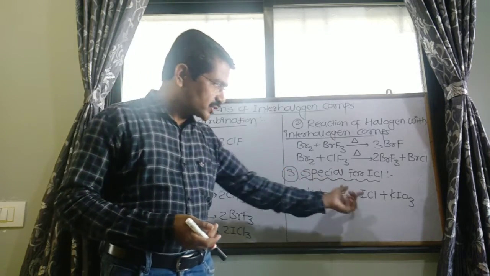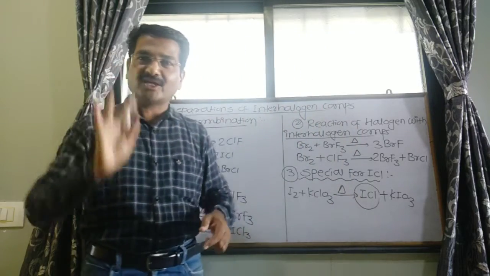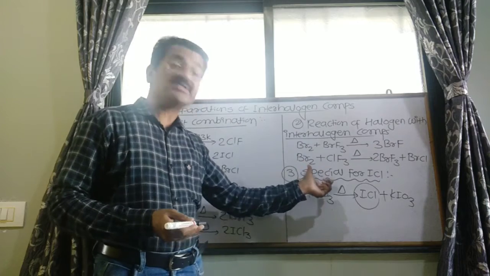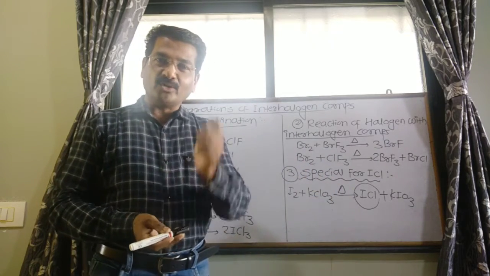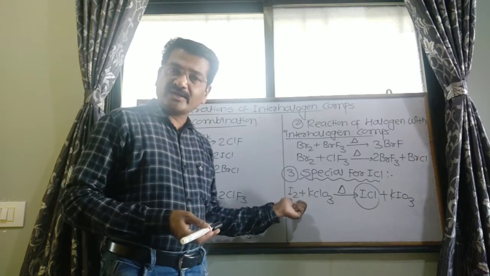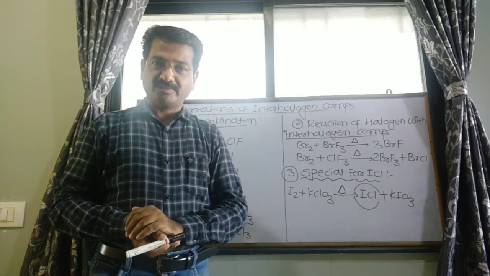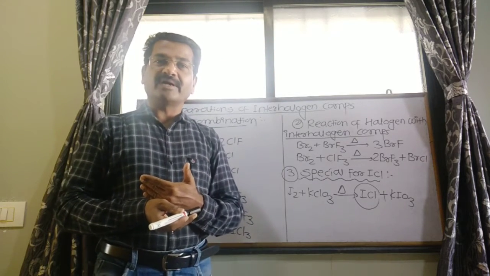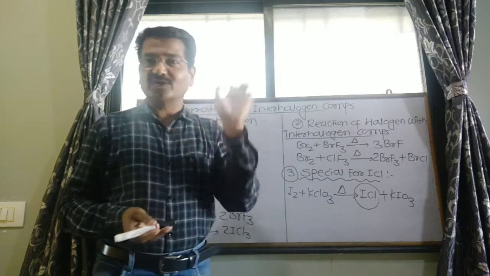This method is used to prepare only iodine chloride. By this method we cannot prepare other interhalogen compounds, so it is called a special method. In this special method we require iodine to react with perchloric acid, meaning that by using perchloric acid we prepare only iodine chloride, not others.